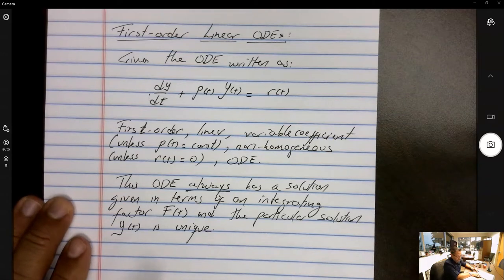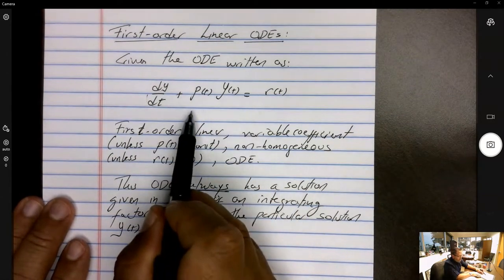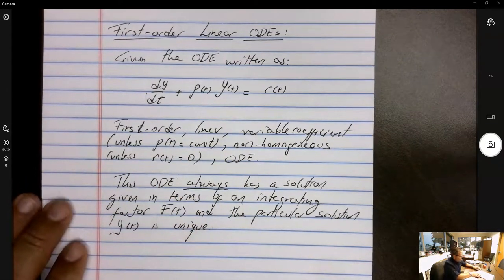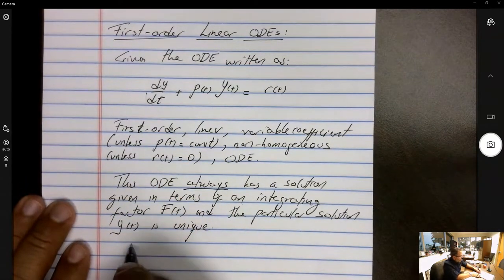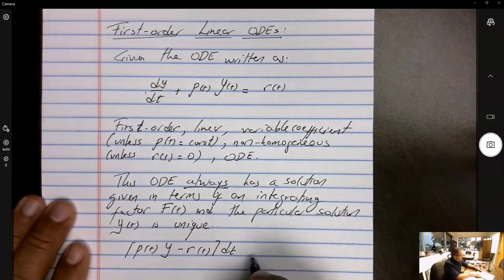All right. So I'm going to take that equation and rewrite it such that it appears like the ones that we've been trying to prove whether they are exact or not. So I'm going to take p of t times y minus r of t, multiply everything times dt, and then nothing multiplying dy.